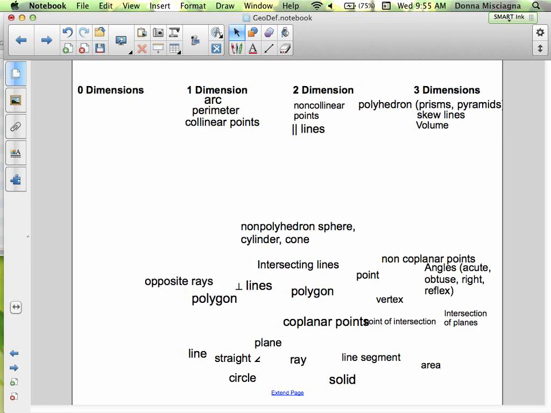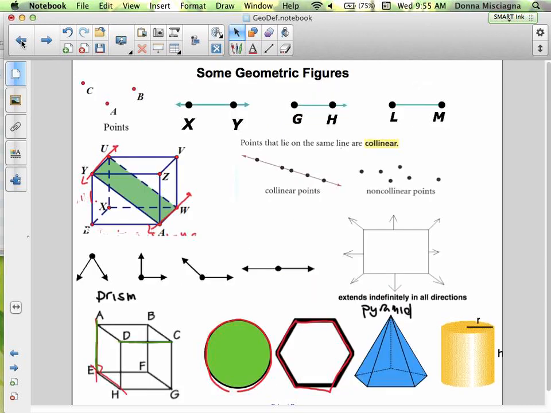Opposite rays. All right, so let's take a look at some opposite rays. I'm going to take the collinear point and let's just say that's point A. All right, and let's be point B. Sorry, the line is very crooked. It's a little glitch in the board.